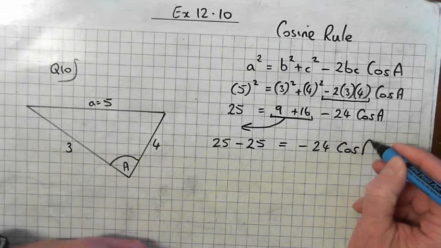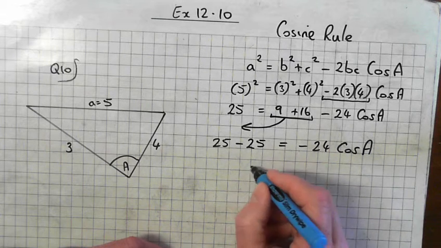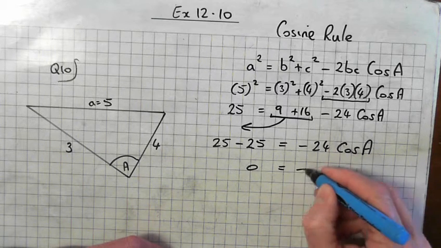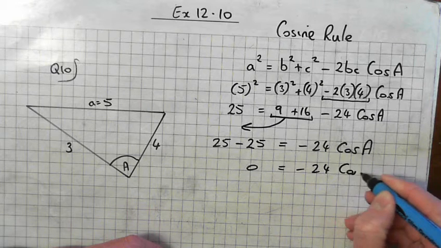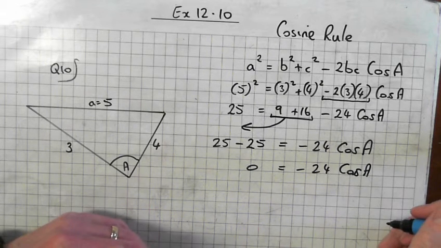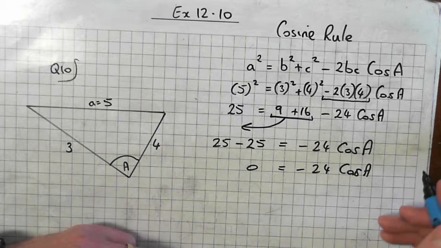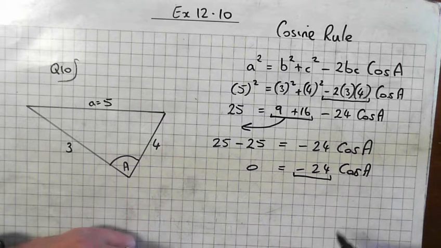So 25 minus 25 is 0, is equal to minus 24 cos A. So what do we have to do? We have to get rid of this 24, don't we?